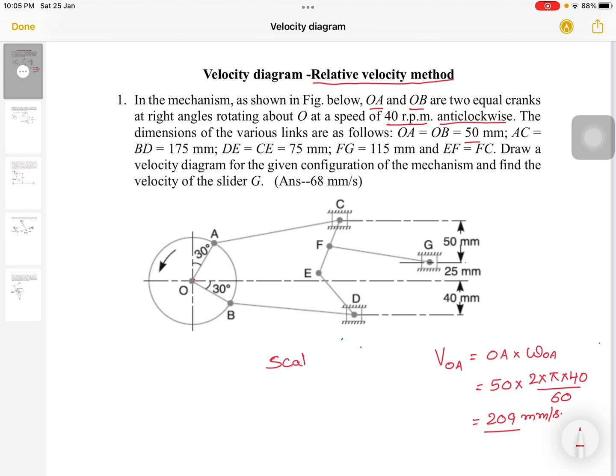In this problem, I will take 1 centimeter as 100 mm per second, which means the calculated velocity will come to approximately 2.1 centimeter, which is equal to 210 mm per second.